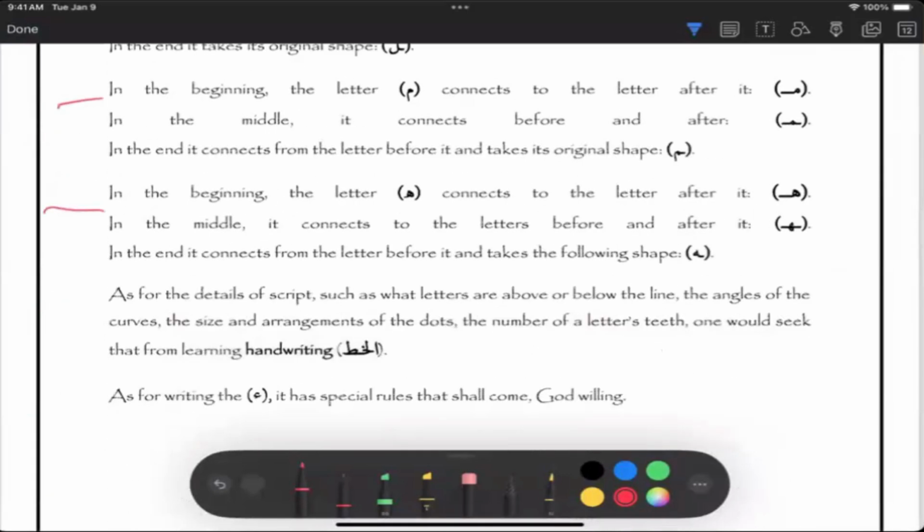MashaAllah. Nice review. In the beginning, the letter ha connects to the letter after it. In the middle, it connects to the letters before and after it. And at the end, it connects to the letter before it and takes the following shape, not its own shape, the following shape. So letter ha has several shapes.